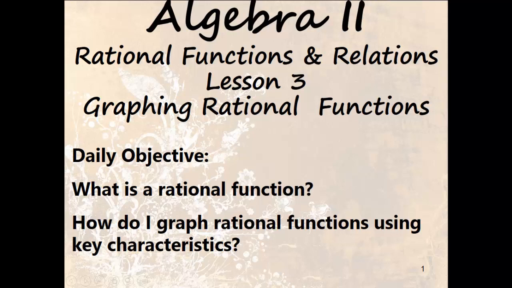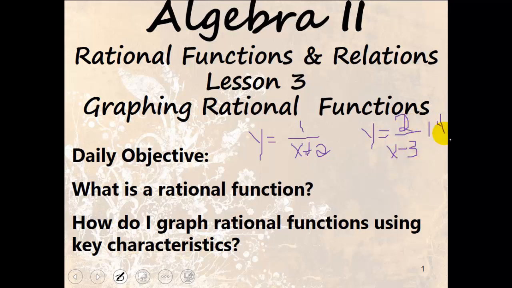Remember, yesterday we talked about reciprocal functions that look like y equals 1 over x plus 2. Or we could have y equals 2 over x minus 3 plus 4.